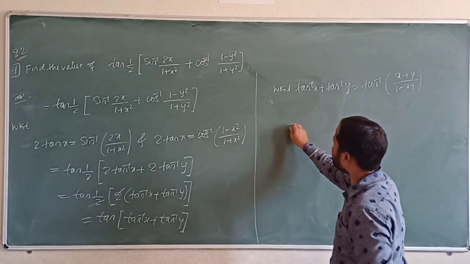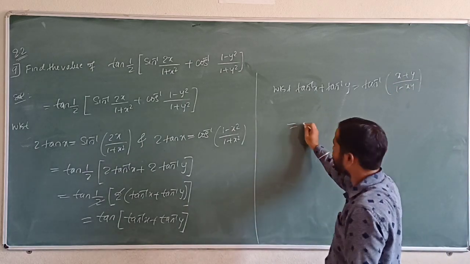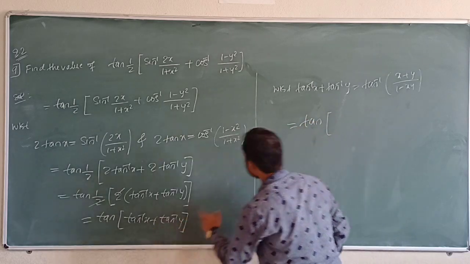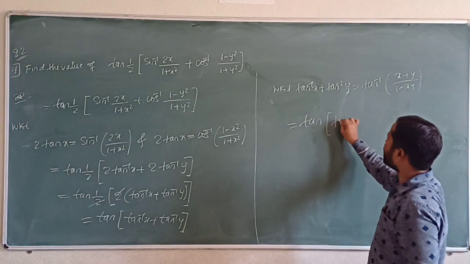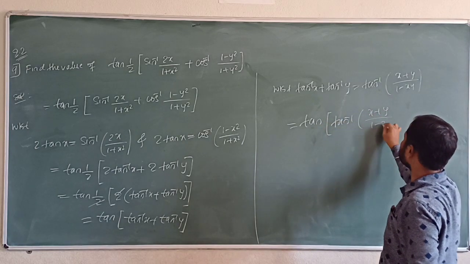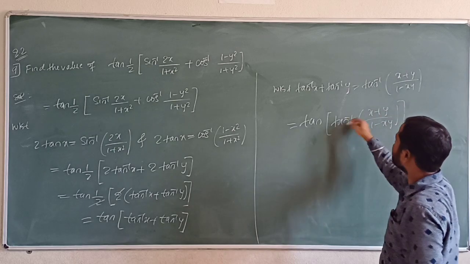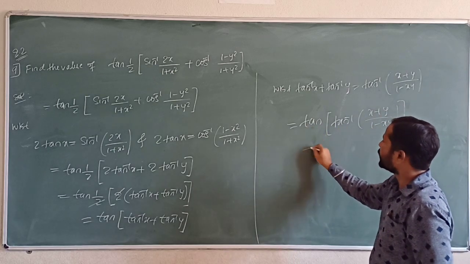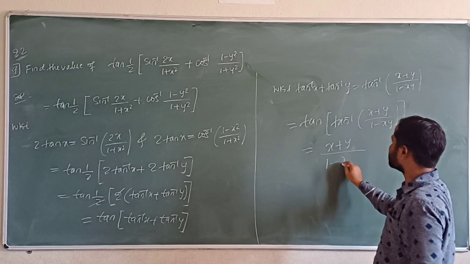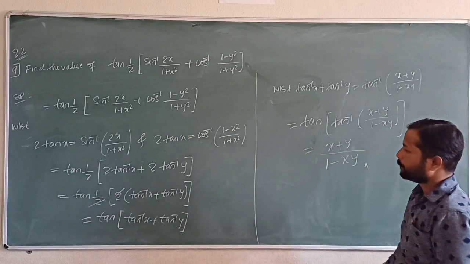Correct? Apply the property for the terms in the bracket. Then it becomes tan of tan inverse of x plus y divided by 1 minus x into y. Tan inverse and tan get cancelled. That is, x plus y divided by 1 minus x into y is the answer.